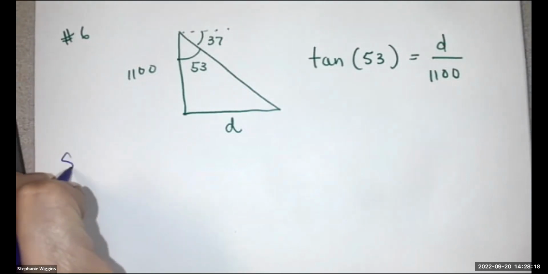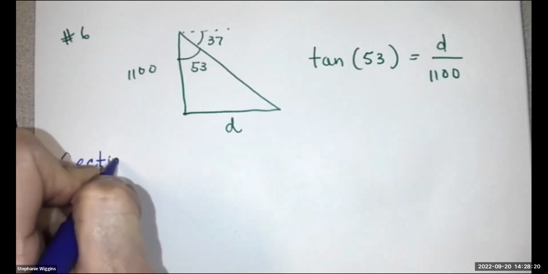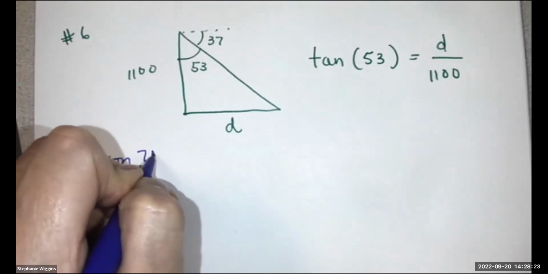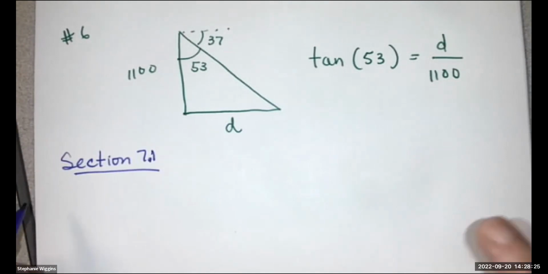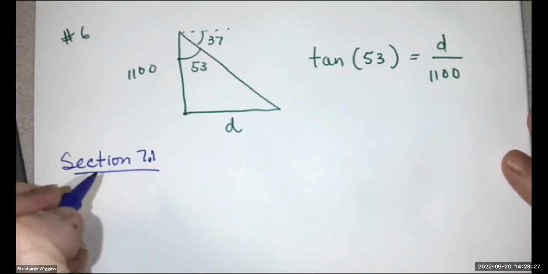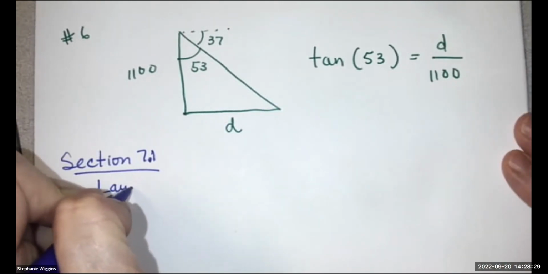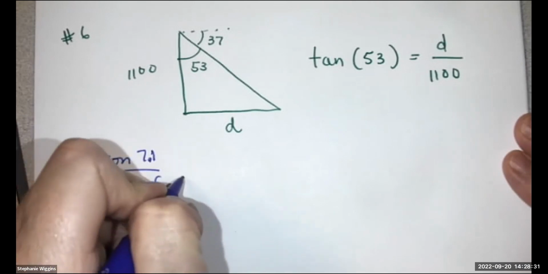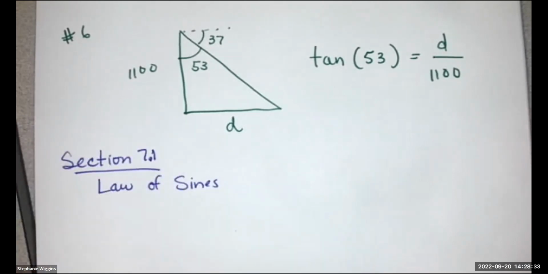The next section that we're going to cover is 7.1. And we're going to be using in this section the law of sines. So in section 5.8, in the examples we just did, all of those triangles are right triangles.